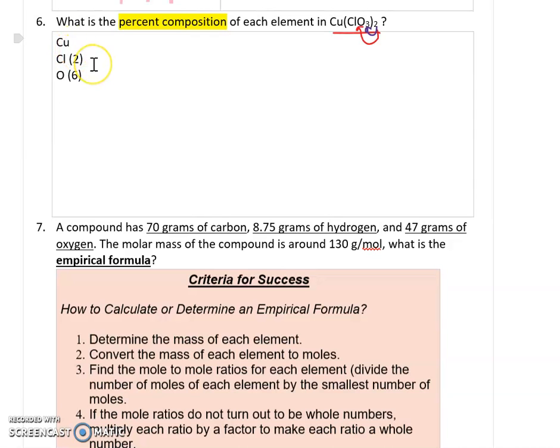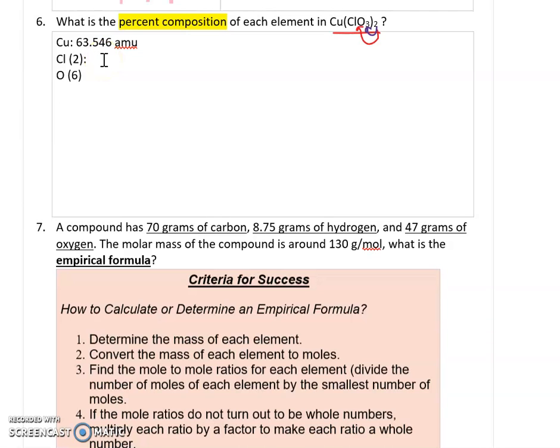So now I'm ready to find the mass for each of these elements. If you look at the periodic table, copper has a mass of 63.546 grams, or atomic mass units, whichever you prefer.